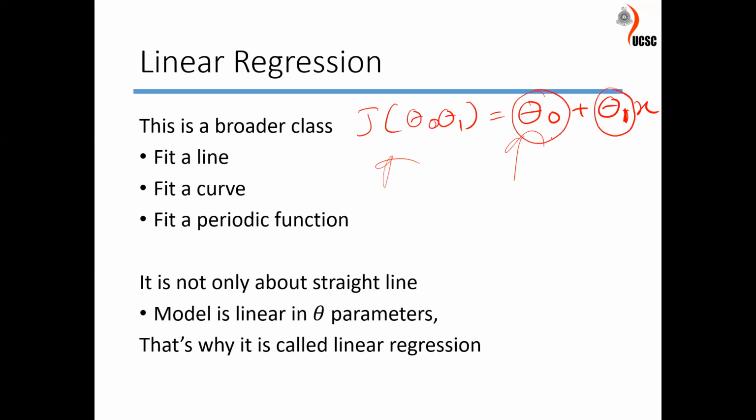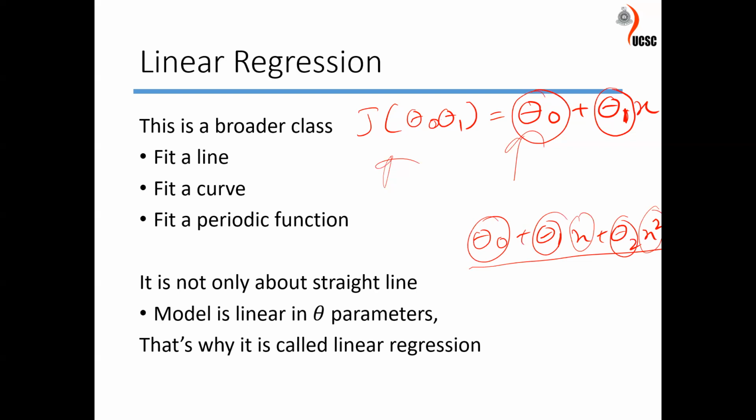You have theta to the power of 1. But you can have theta naught, theta 1 x, theta 2 x squared, like that. If we consider the theta values, that is linear, but if we consider the x values, you can see it's a polynomial.